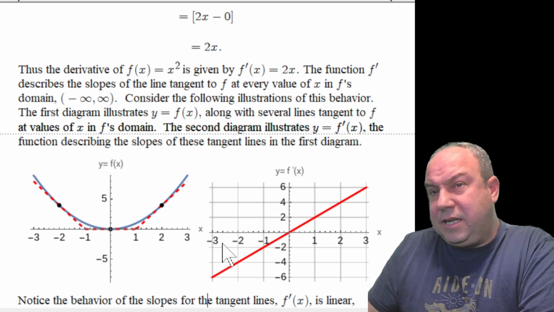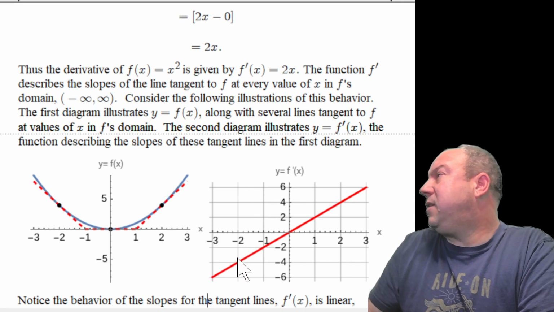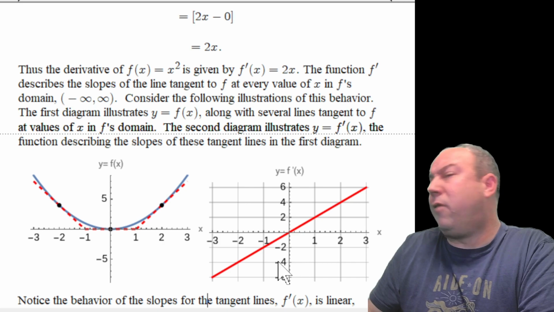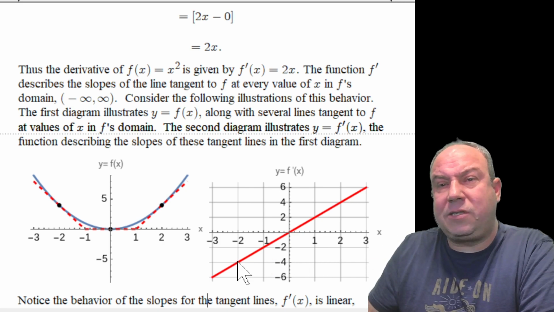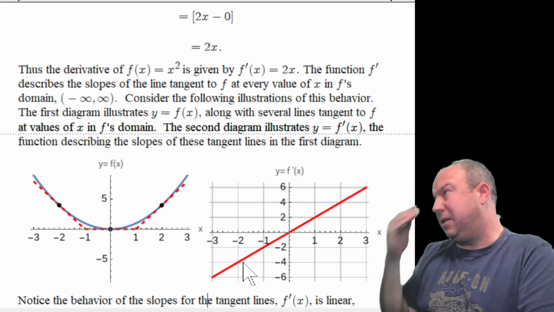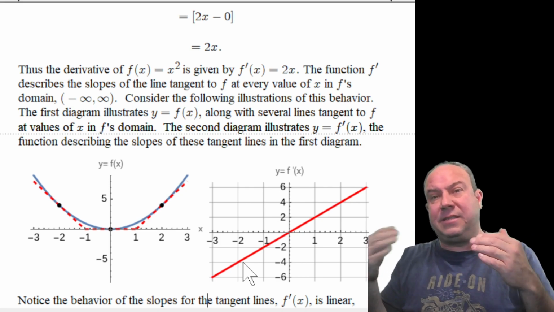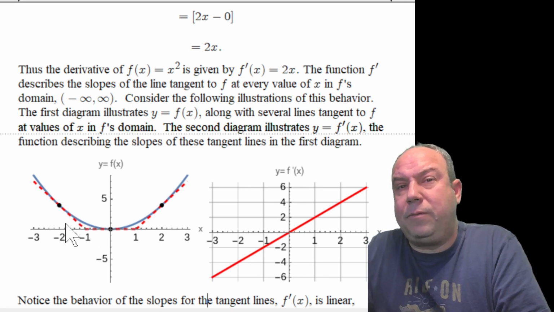And the way we would see that is if we go over and look at the graph of f prime of x, we can see that f prime of x at negative 2 is indeed the value negative 4. It is 2 times that negative 2 in value. It's this location seen right here on our graph. And it is below the x-axis in the graph of f prime. It is negative in value, illustrating that negative slope.